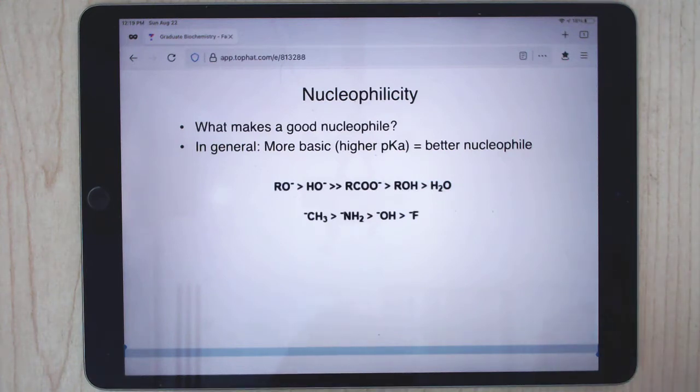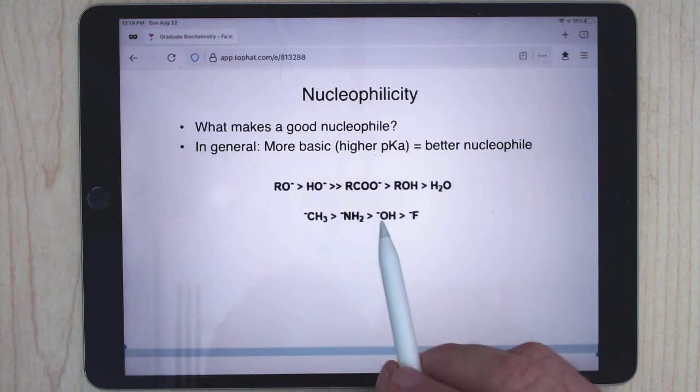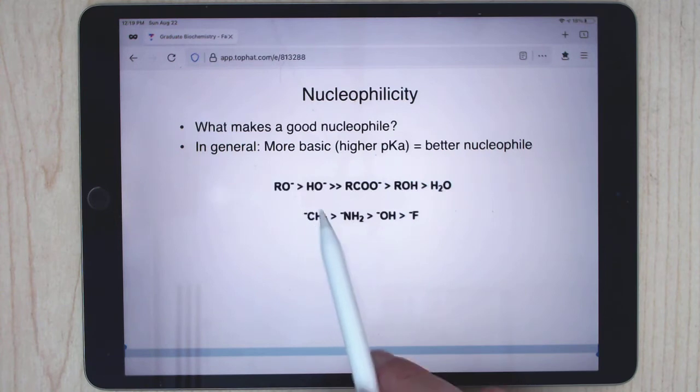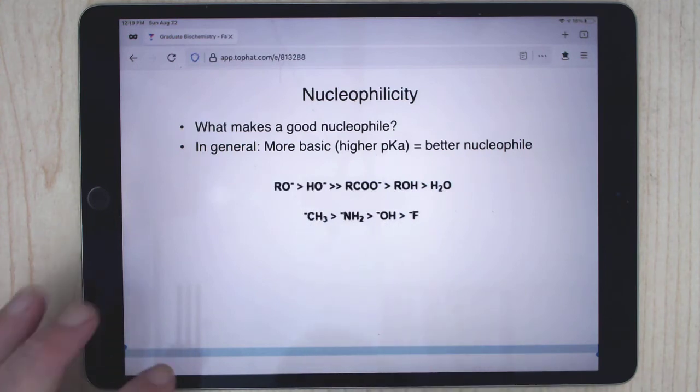If you look at a pKa chart, the higher the pKa value, the better that nucleophile is going to be. So they generally go hand in hand. If you look at these nucleophiles as you're going across, you're decreasing pKa's, and therefore this is going to be a better nucleophile than this, which is better than this, which is better than this.